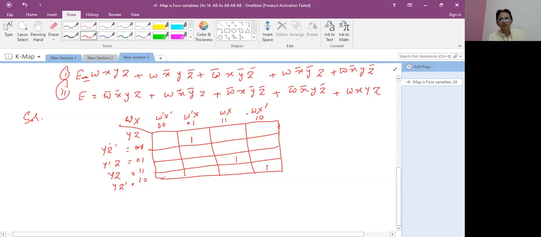So we write here 1. Next, W, X and Y complemented. The student, X and Y complemented, but W and Z not. So it means this one.